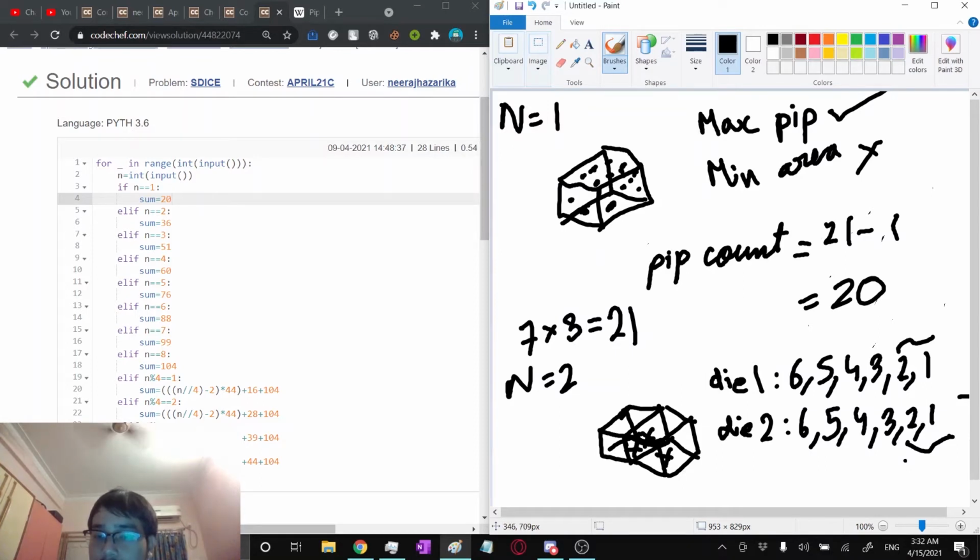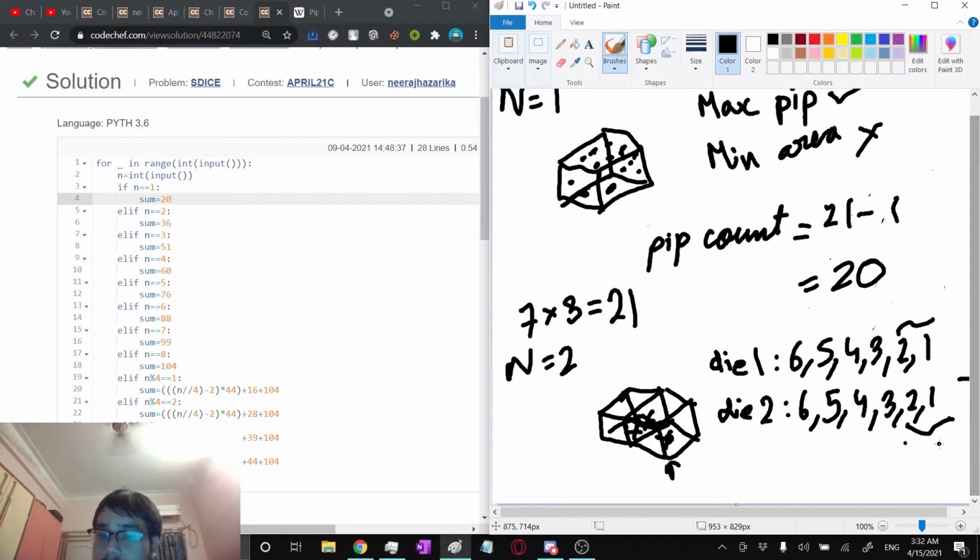So if we just put 1 over here, 1 over here, 1 over here, 2 over here for both the dies. So what our sum would be is 21 for die 1 plus 21 for die 2, which is the maximum pips a die holds. We got it from here.